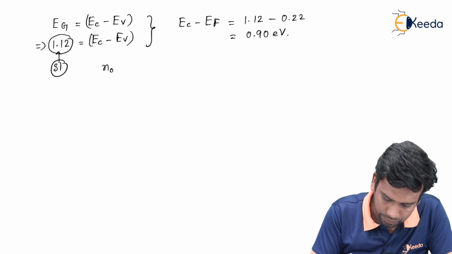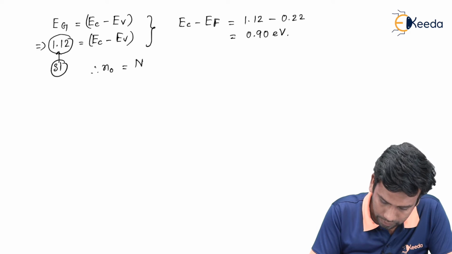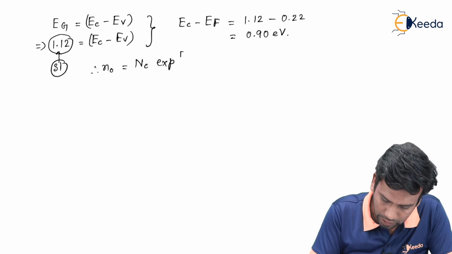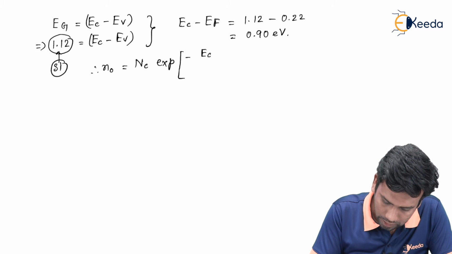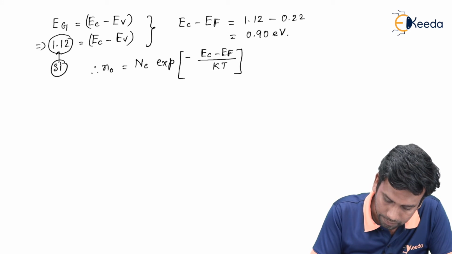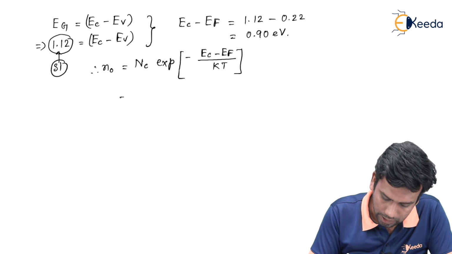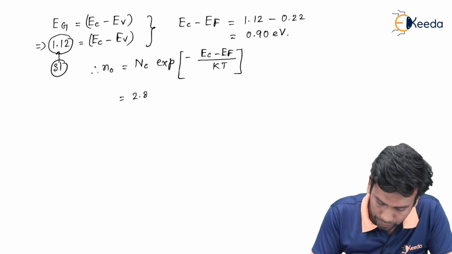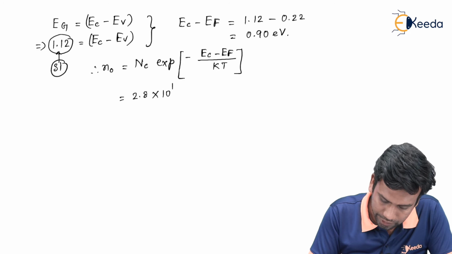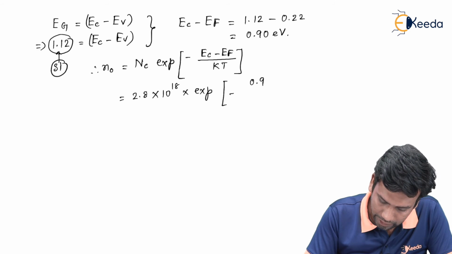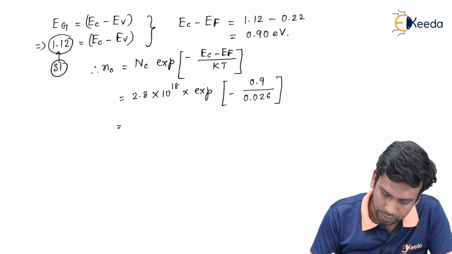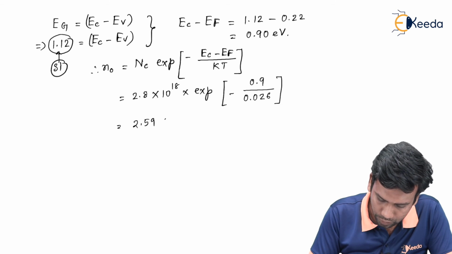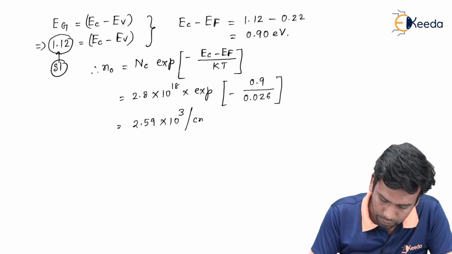Now N0 is equal to Nc exponential minus (Ec minus Ef) by Kt, and Ec minus Ef is 0.9 and Nc value is also provided, that is 2.8 into 10 to the power 18 into exponential minus 0.9 divided by 0.026, and this will be 2.59 into 10 to the power 3 per centimeter cube.